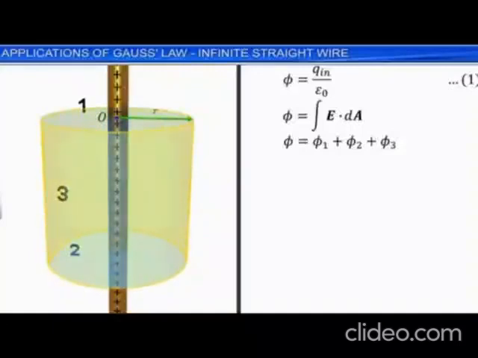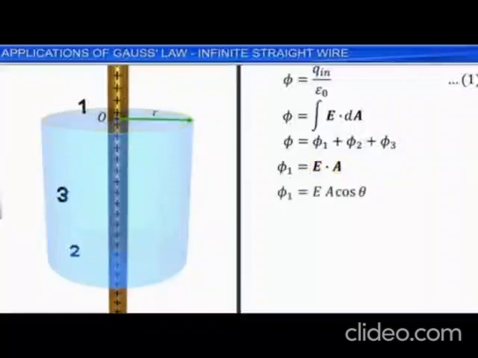Let us now calculate the electric flux through surface 1, which is the flat surface of the cylinder. We know that the electric flux phi 1 is equal to E dot A, where E is the electric field and A is the area vector. This is equal to EA cos theta, where theta is the angle between the directions of electric field and the area vector. The electric field is perpendicular to this surface. Hence, in this case, theta is 90 degrees and cos 90 degrees is equal to 0.